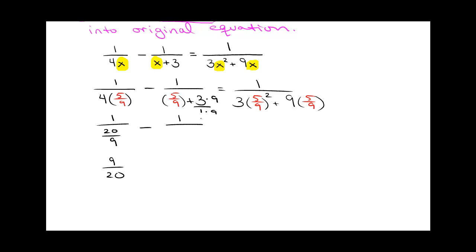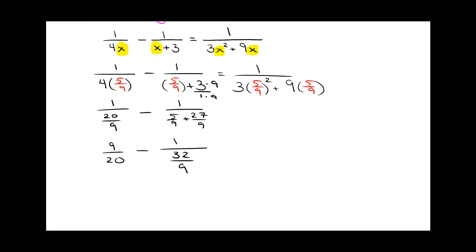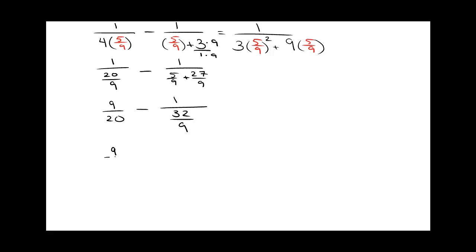So that's going to give me 5/9 plus 3 times 9 is 27/9 here. 5 plus 27, that's going to give me 32/9, but that's a complex fraction, so we're going to need to rewrite that. So that's going to end up being 9/20 minus 9/32.